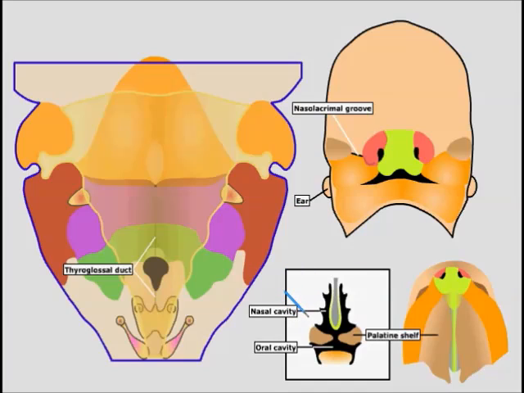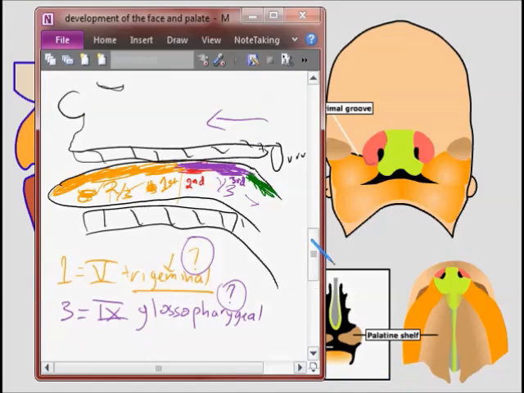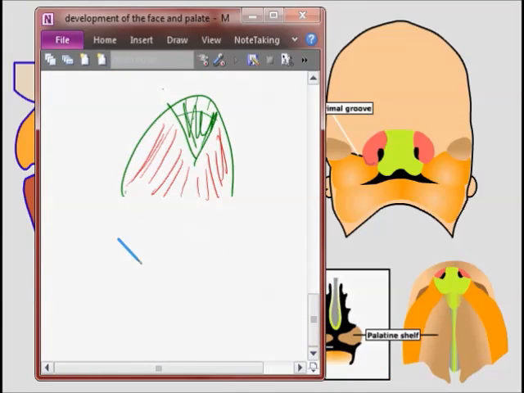You have the nasal septum. Palatine shelves, yes, they're moving in, and they're going to fuse. You have the nasal septum coming down. Oh, I'm sorry, I'm looking at it from the front. So this is the guy, and this is his nose. Horrible nose, can't draw.